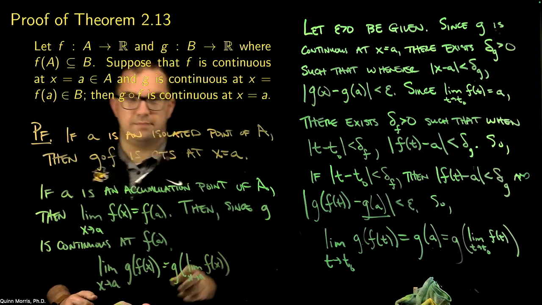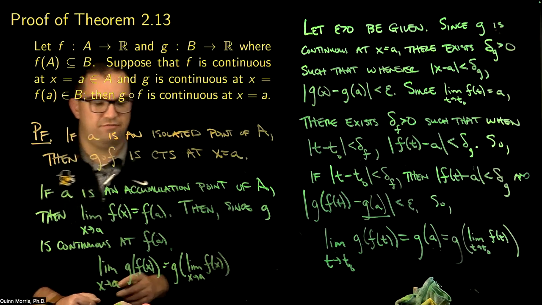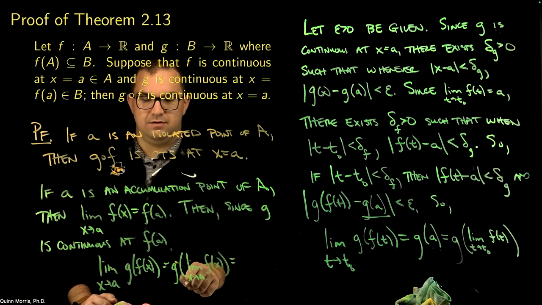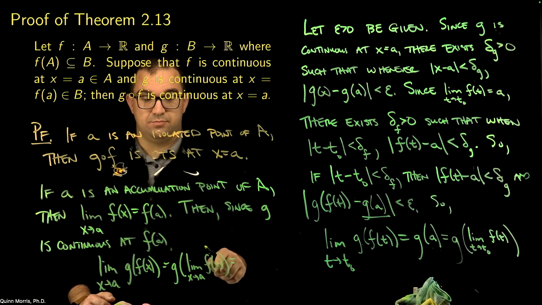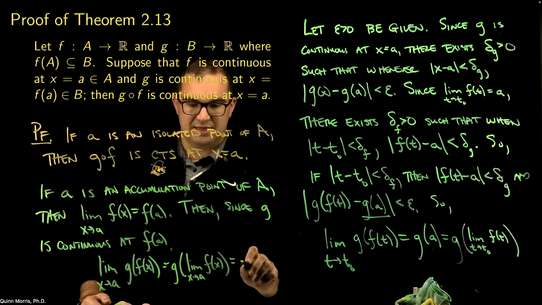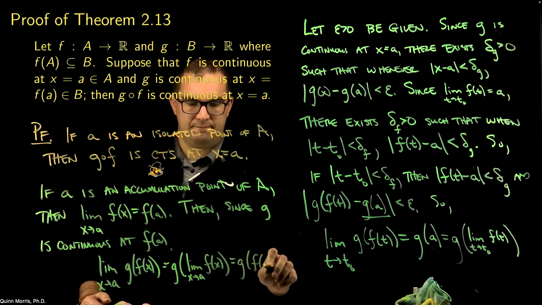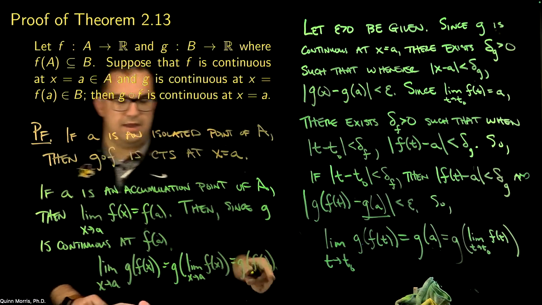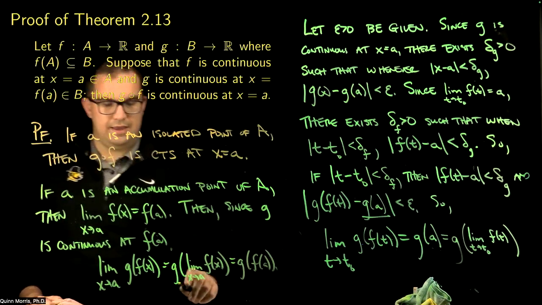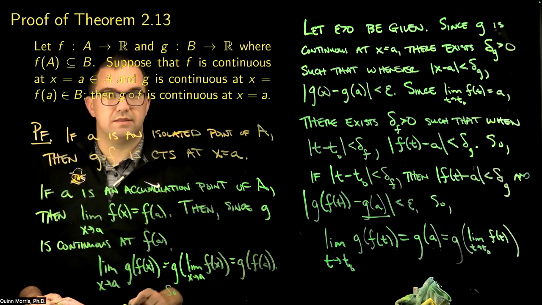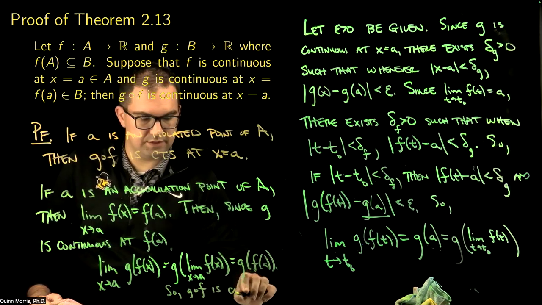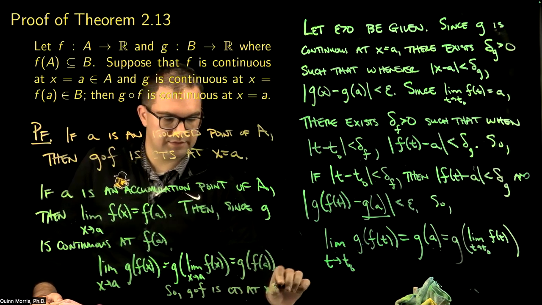In this first step, I'm using the continuity of g at f of A. Here, I'm using the fact that the limit as x approaches A of f of x, since f is continuous at A and we're at an accumulation point, has to be equal to f of A. And so that again gives me that g composed with f is continuous at x equals A.